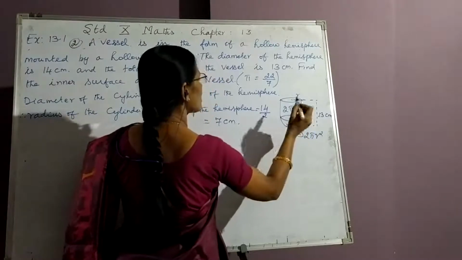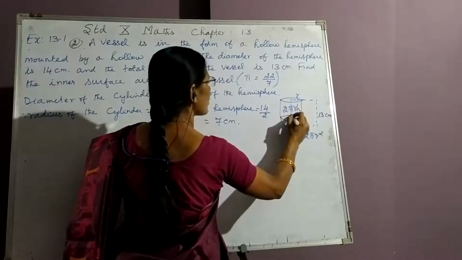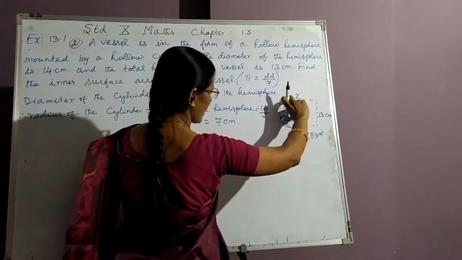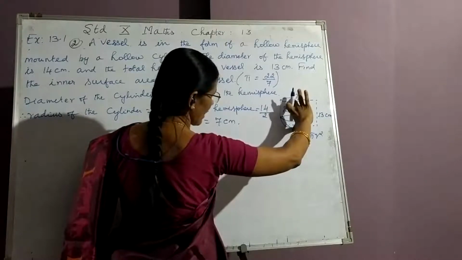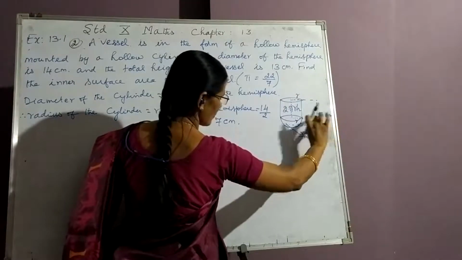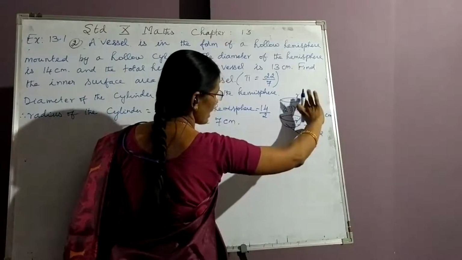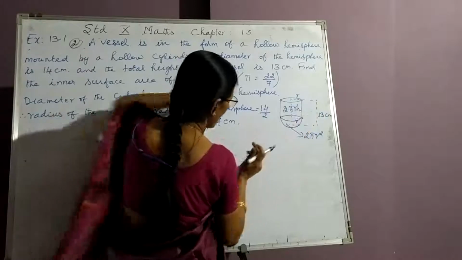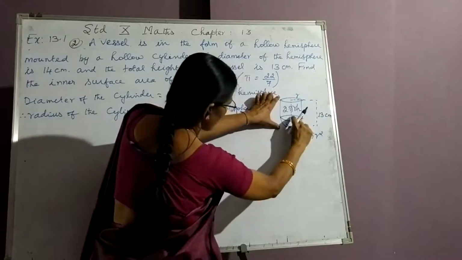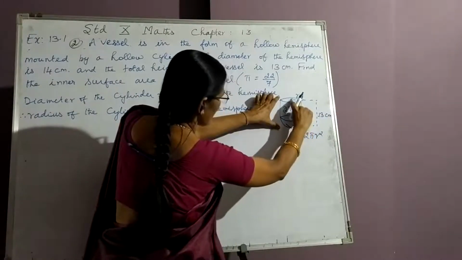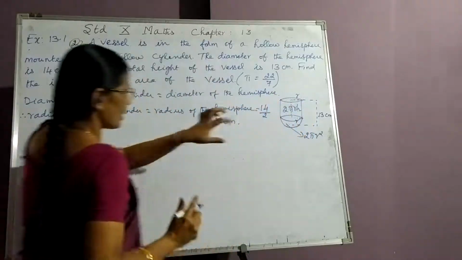So what is height of the cylinder? Here to here is the height of the cylinder. We know the entire height, which is 13 centimeter. We know here to here is radius of the hemisphere. So from the entire height, if radius of the hemisphere is removed, the remaining height is height of the cylinder.